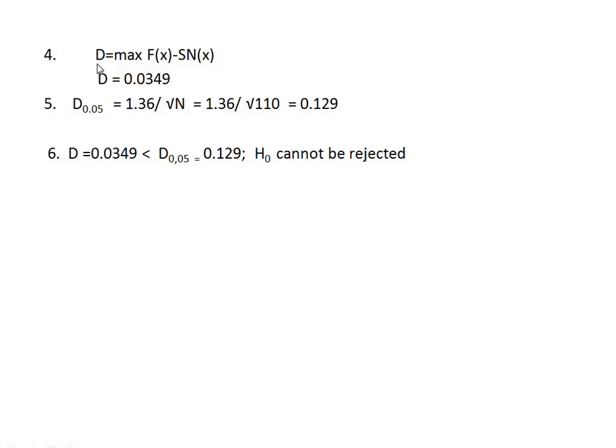So this D maximum is equal to 0.0349. Now D alpha, at significance level 0.05, is equal to 1.36 divided by root of n, where n is the total number of gaps. How is it obtained? From the table.